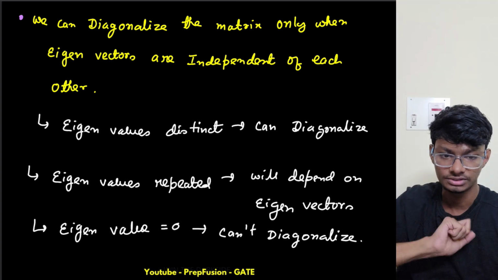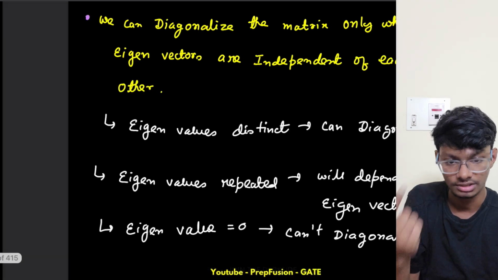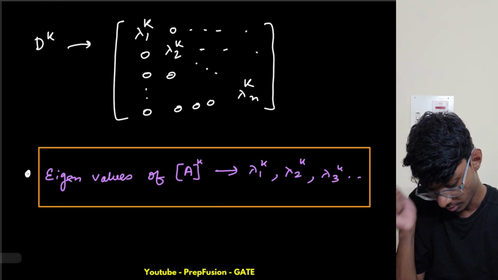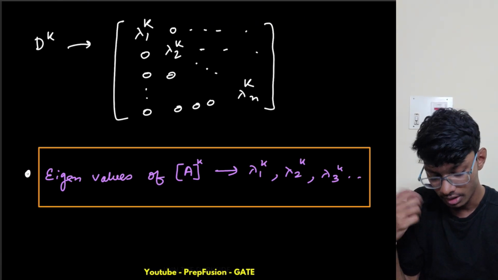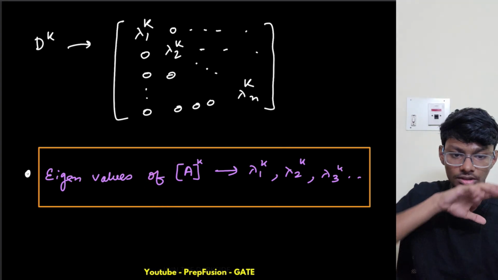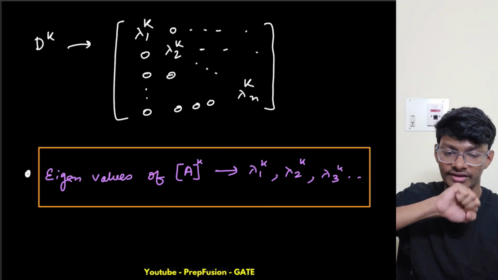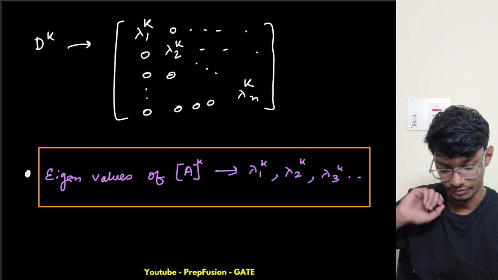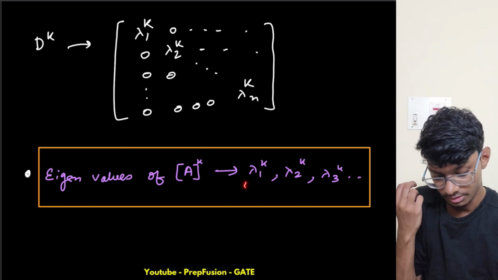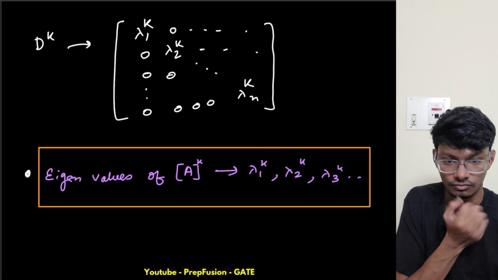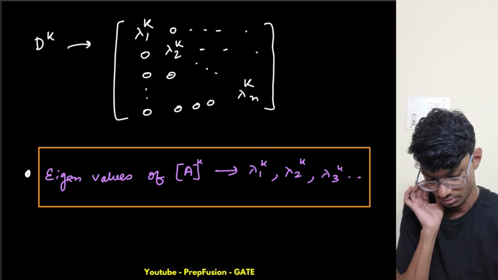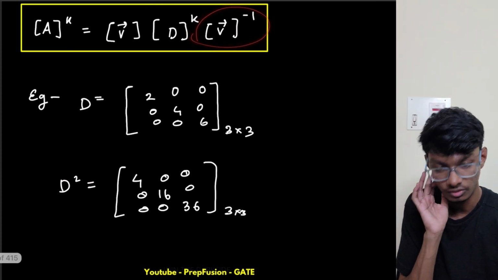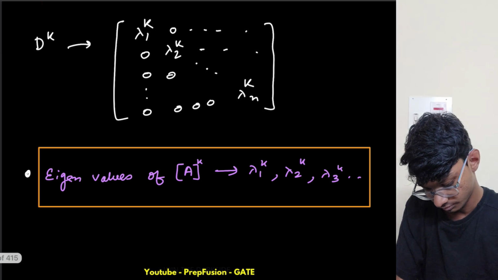So this was the basic important point. Also another point to note is this property that I told you: this will only be valid when V inverse exists. This is only valid when we have distinct, independent eigenvectors, because by that only this V inverse will exist.